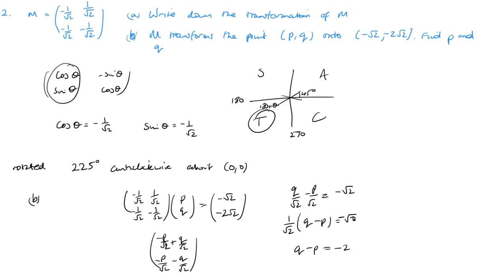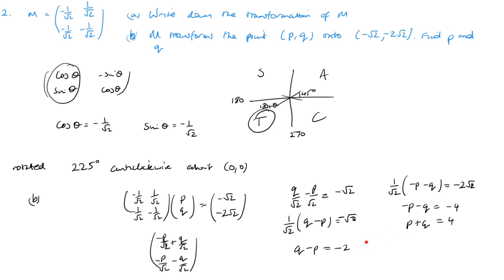Now let's do the same with the bottom ones. So let's take the 1 over root 2 out, so we get minus P minus Q equals minus 2 root 2. Times by root 2 will give me minus P minus Q equals minus 4, or P plus Q equals 4.